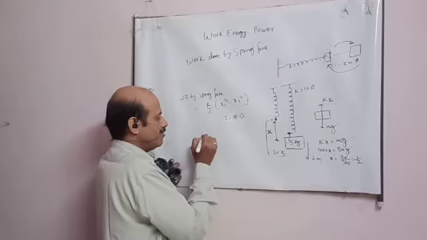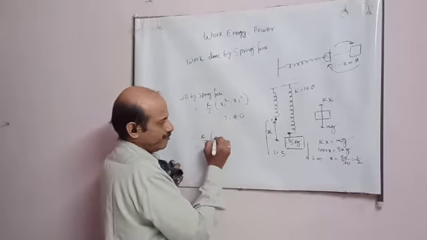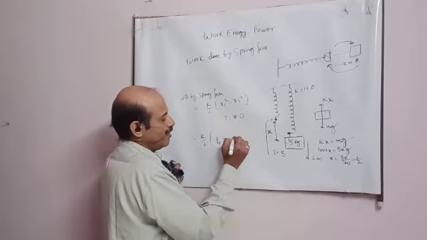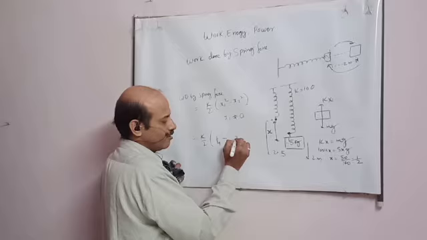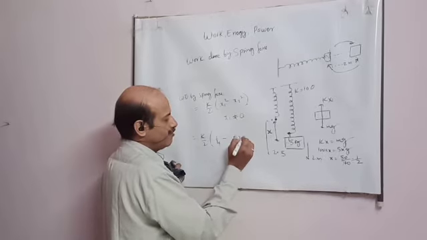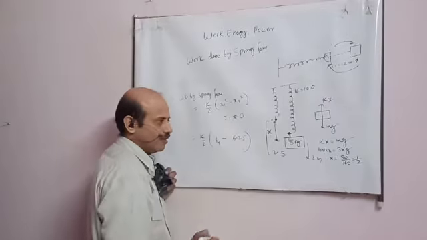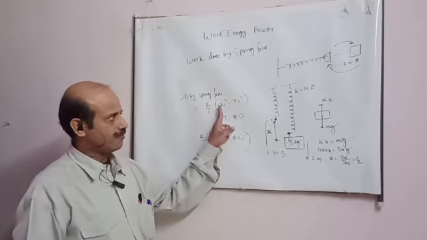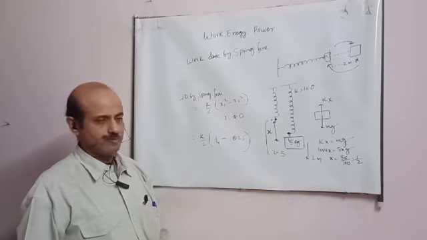So now the work done by the spring will be half square, means 1 by 4, minus 2.5 square. 2.5 square means 6.25. You have to remember this, student, in this type of question.